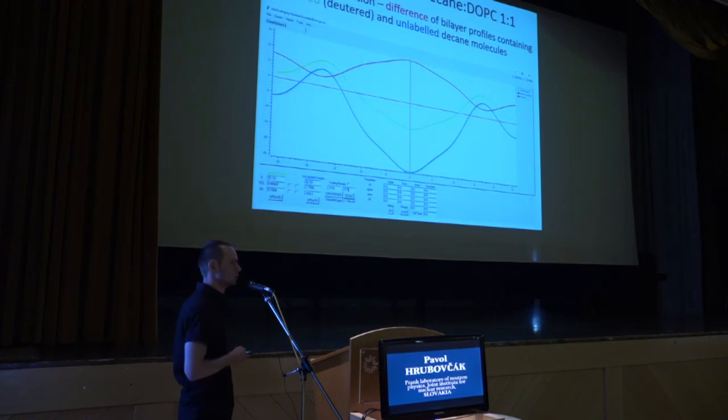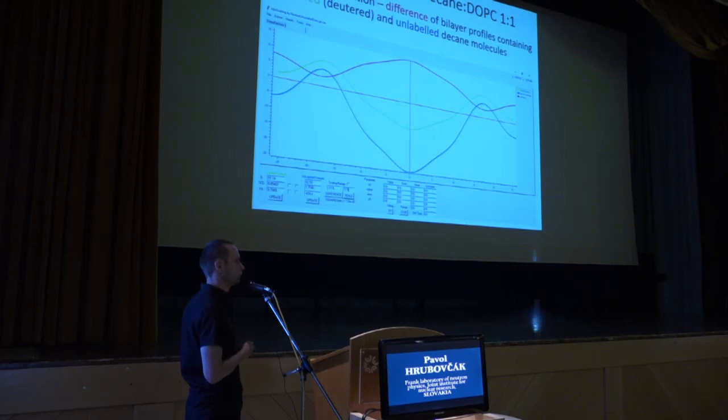Here I would like to demonstrate how we obtained the actual positions of decane molecules in the membrane. We took the profile of the membrane corresponding to the sample containing unlabeled decane. This is the blue one.